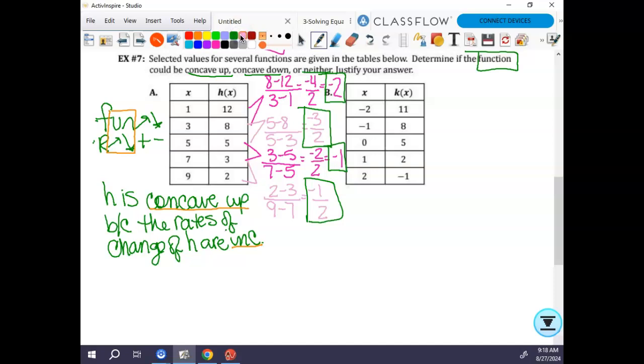Okay? Let's find these rates of change. Negative 1 minus a negative 2, and then 8 minus 11. Okay, and you just go ahead and find the rest of them.